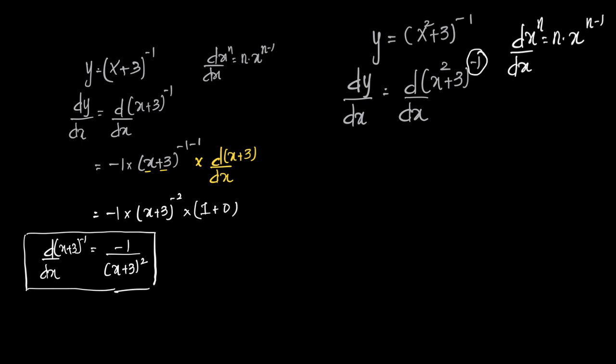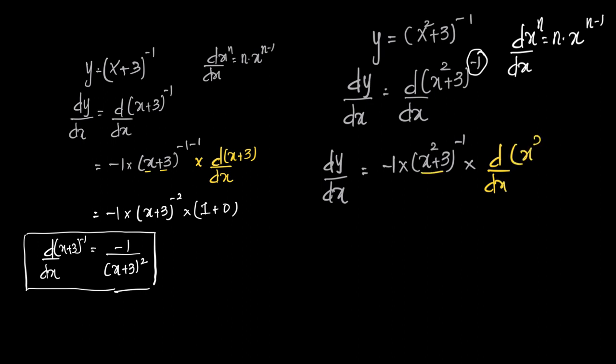Here n is equal to minus 1, which will change the equation as dy by dx is equal to minus 1 into (x square plus 3) the whole to the power minus 1 into d by dx of what is inside here, which is x square plus 3.